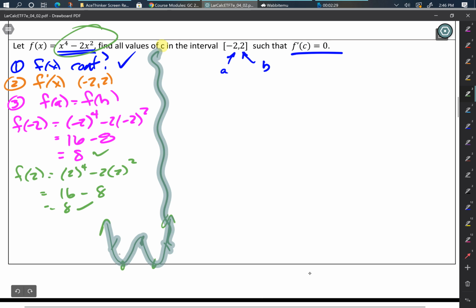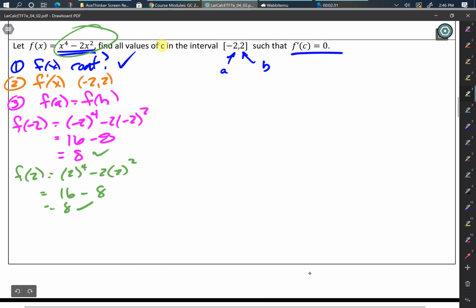So I'm looking for at least 1 and potentially as many as 3 of these things. Now you might be wondering why I'm spending time talking about that. It's always easier to find something if you know how many things you're looking for. So if I know that I'm looking for at least 1 but potentially 3, when I find 4, I know I screwed up. Or if I don't find any, I know I screwed up. So what I want to do is look for and find the appropriate number.